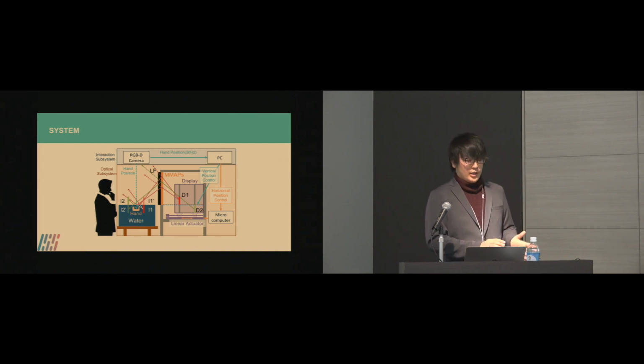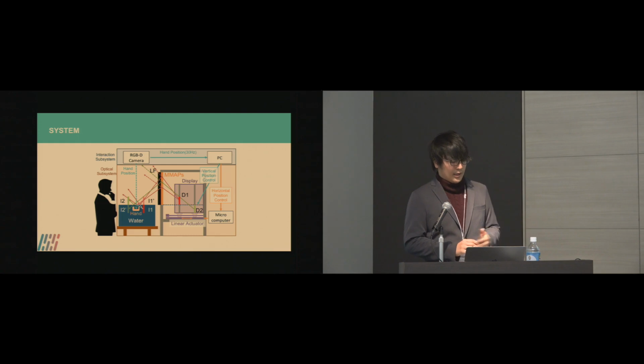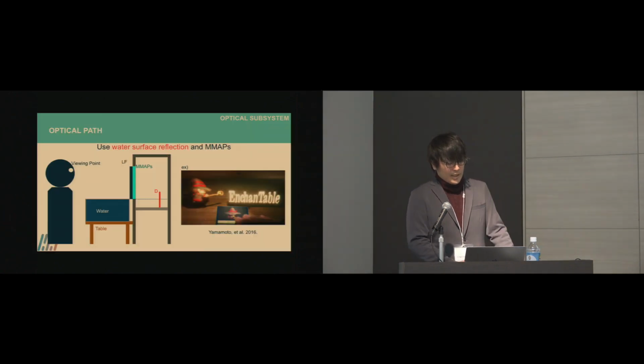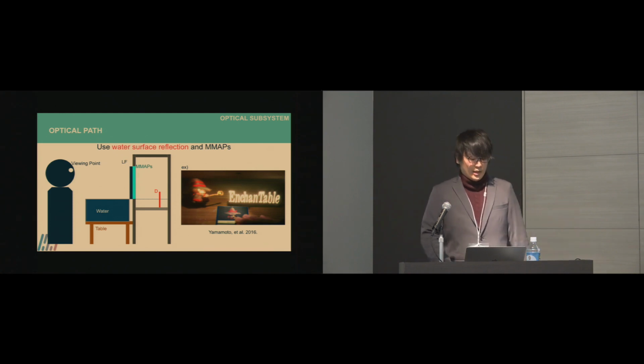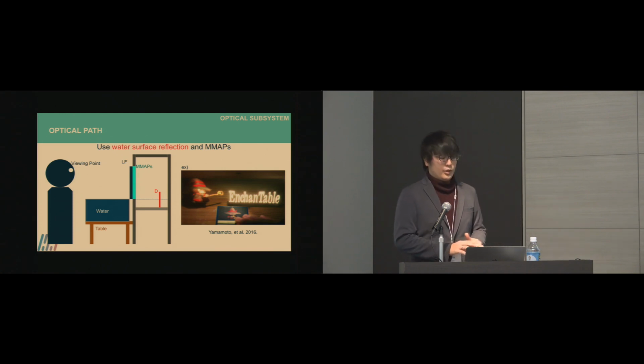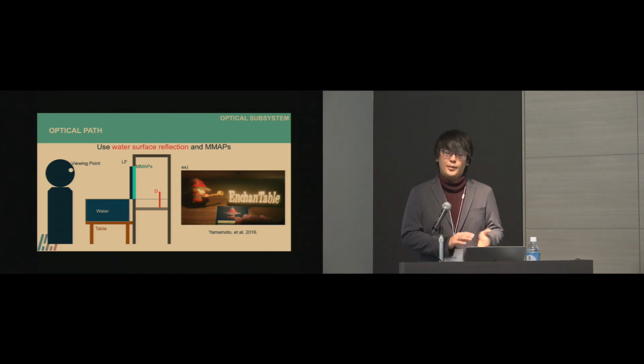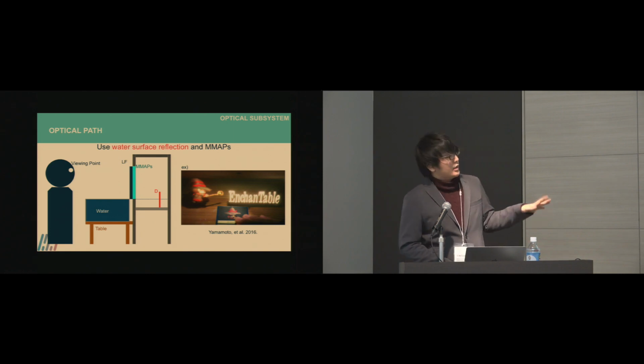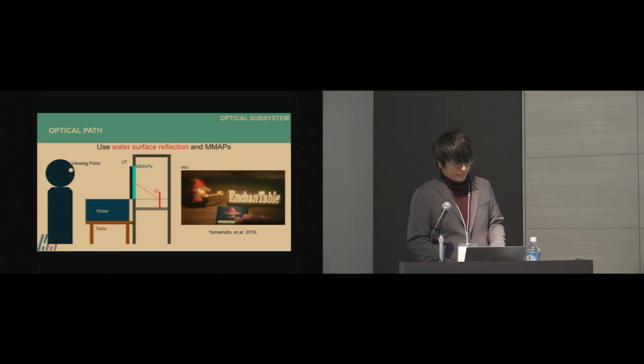Scoopirit is roughly divided into two subsystems: the optical subsystem and the feedback subsystem. The optical subsystem extends the previous system using a reflective surface and enables the displaying of a mid-air image on a table surface. The subsystem consists of a display D, MMAPS, rubber film, and water tank.